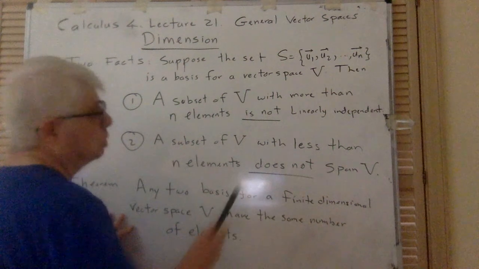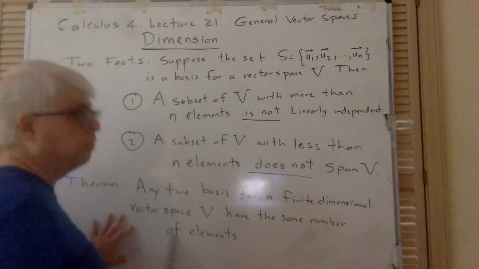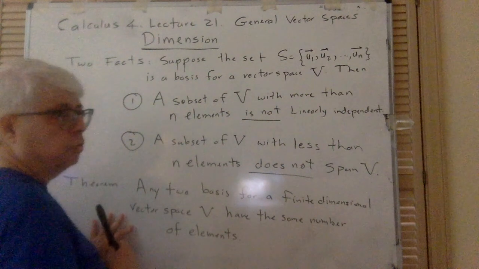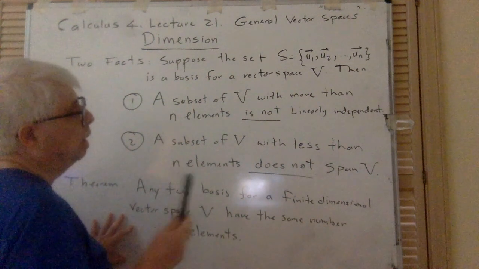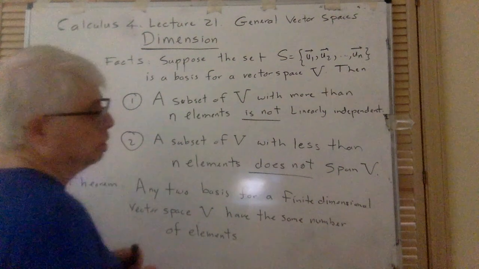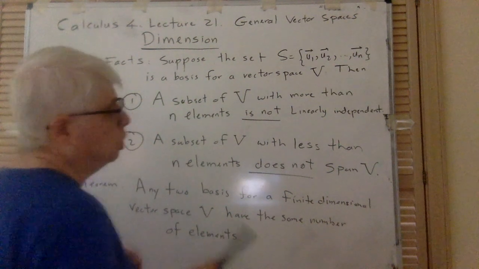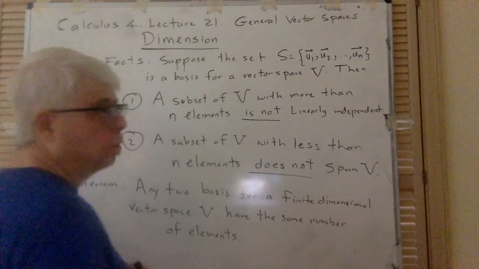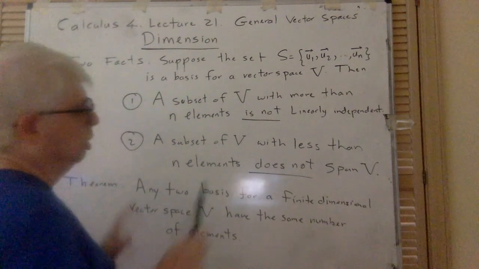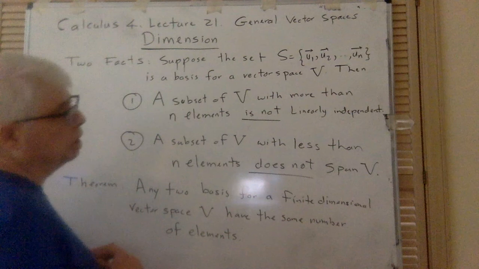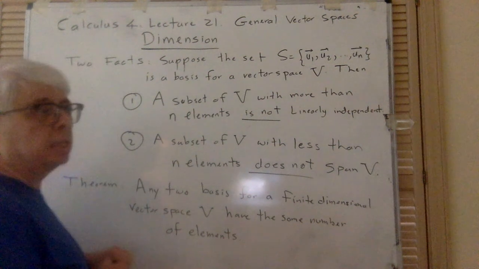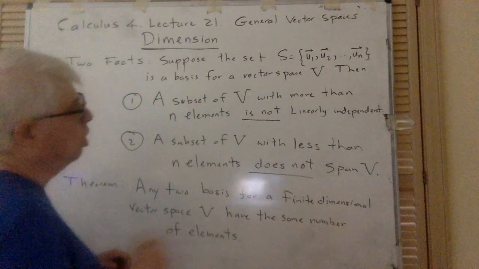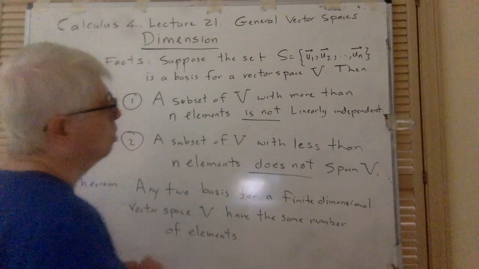So suppose we have found S to be a basis for V. And somebody gives me another set, S prime say, which has fewer elements, and he claims that that is also a basis. So let's say he gives me a set which has n minus 1 elements, and he claims that it is also a basis. Now how can I show that the claim is wrong?